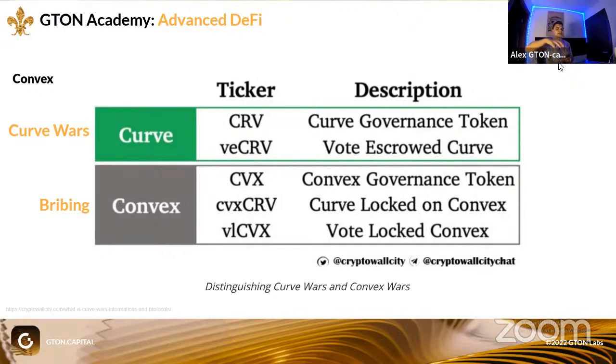And if you lock the Convex token into governance, you can participate in so-called bribing. You can actually boost some pools to let them be more and more profitable. Everything around the wars was around bribing. For example, Frax was one of the winners, right?